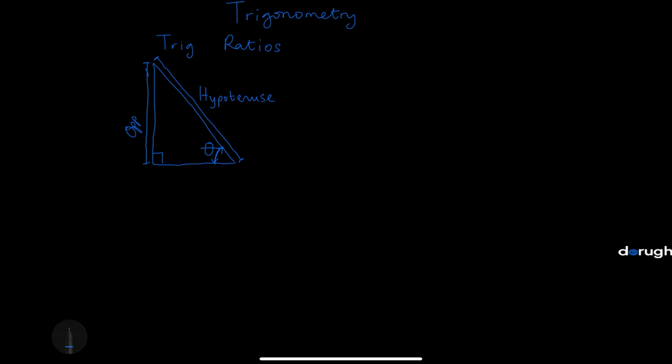It's quite straightforward. Opposite. So whatever angle you're trying to find, the side opposite that angle is conveniently called the opposite. And then the remaining side, which we have not yet named, is called the adjacent.